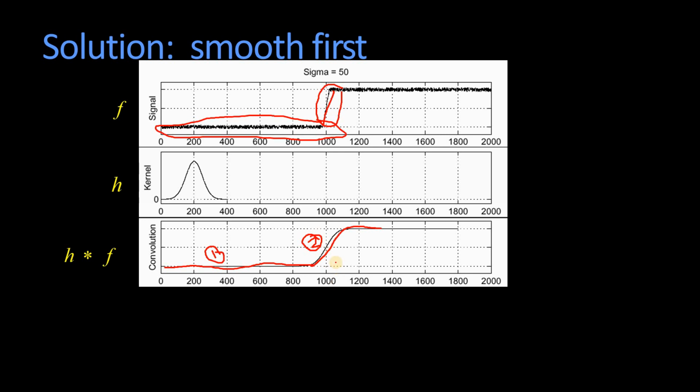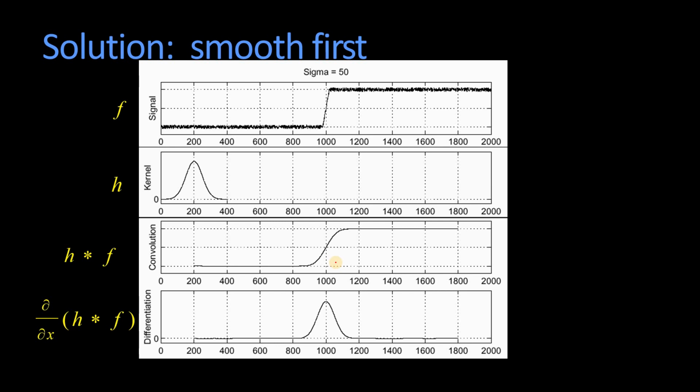Now if you apply the derivative on this signal, the result will give you the peak value over here, which represents the derivative value being high at this location, which shows that there is an edge at this location in the image, and that's true because this was an edge, if you remember. Is it clear?